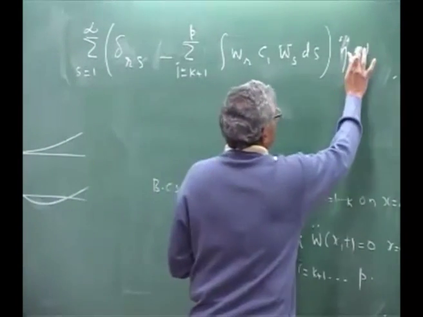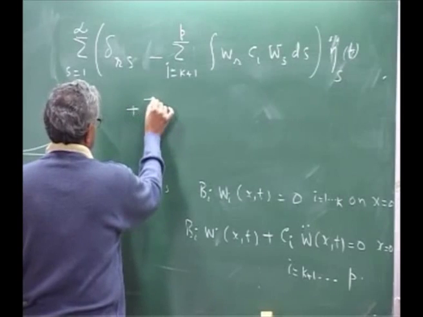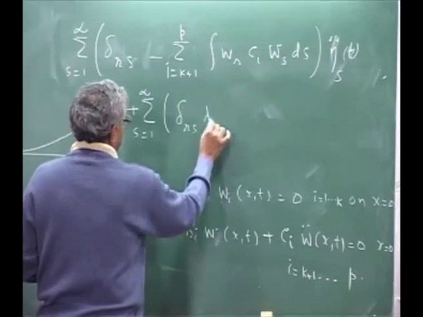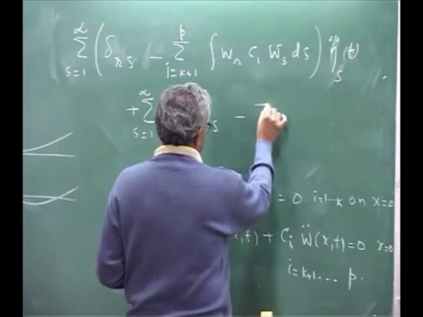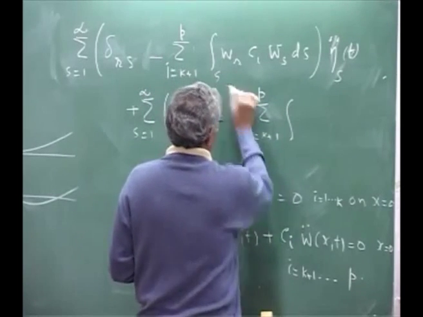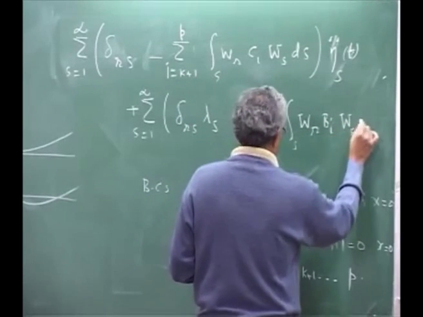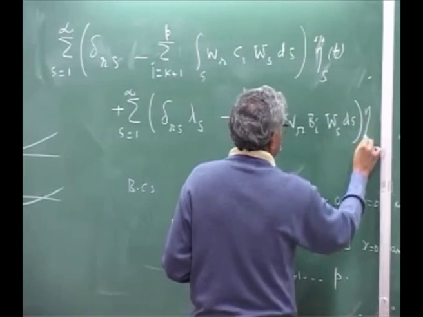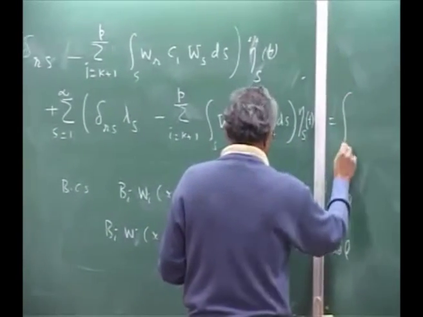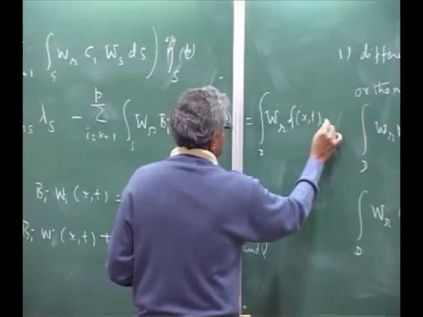Okay, eta S double dot T plus summation S running from 1 to infinity, you will have delta RS lambda S minus summation I K plus 1 to P integral WR BI WS DS into eta S T equals integral WR F of X comma T d domain.